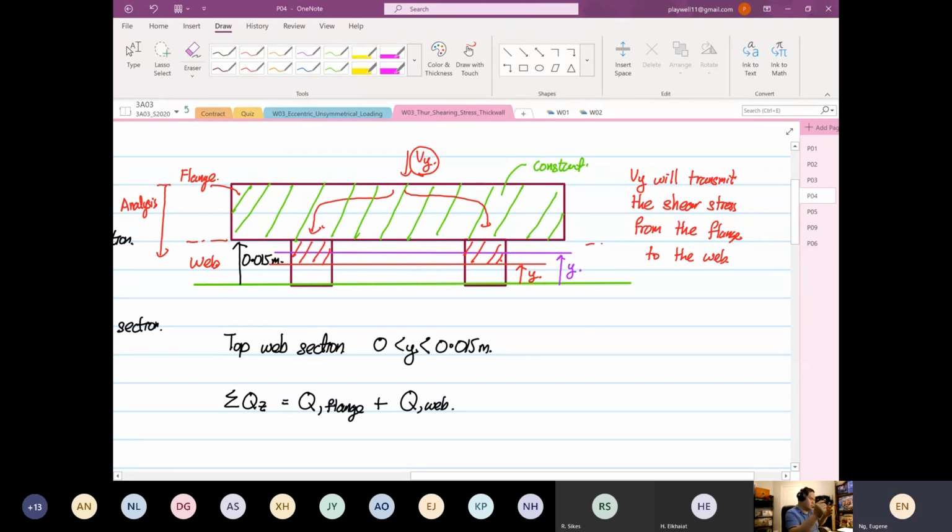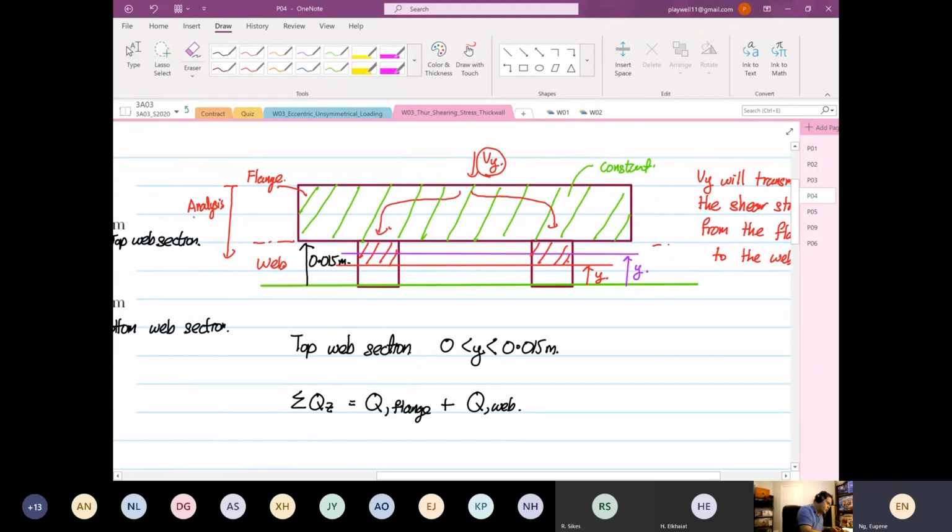Okay, so again, we have applied one of the rules that says the analysis will start from Y max. Because it starts from Y max, where you go back in to reach your Y, we have to consider the area of the region of the flange and how it will vary with your web slider.